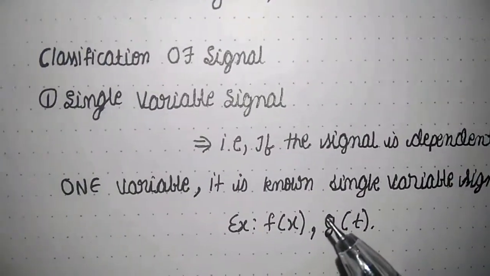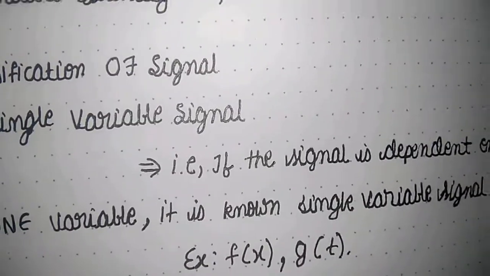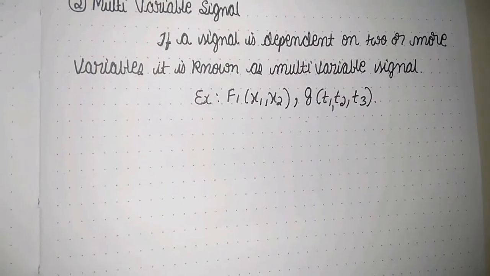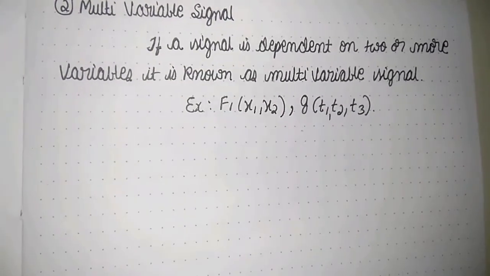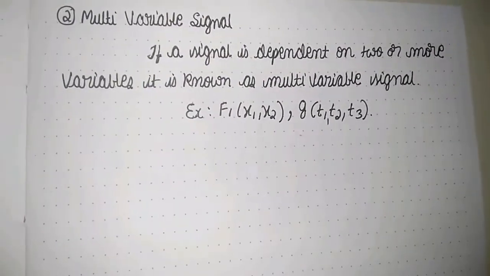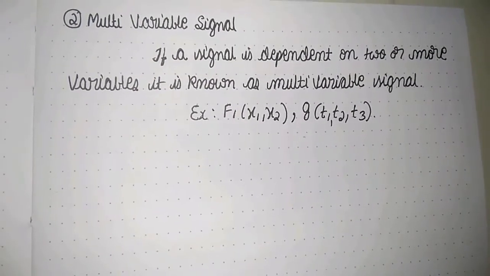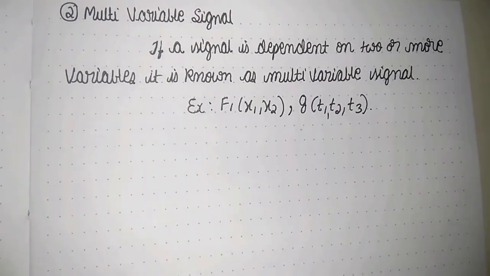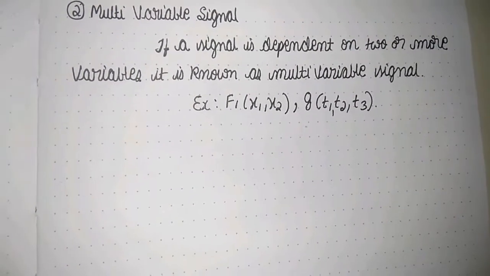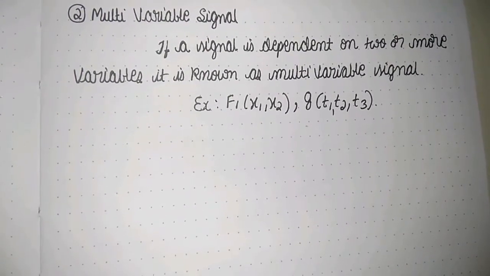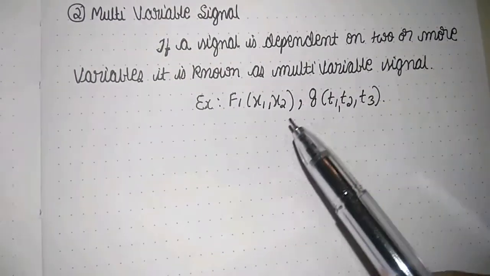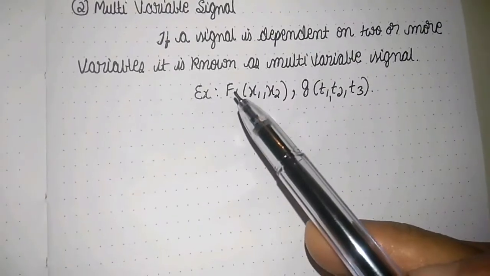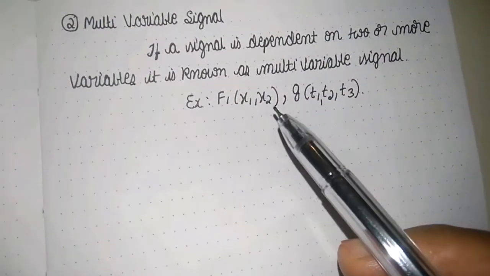The other classification of signal is the multivariable signal. If a signal is dependent on two or more variables, it is known as a multivariable signal. Examples for multivariable signals are f1 of x1, x2 and g of t1, t2, t3, where f1 is the signal which is dependent on both the variables x1 and x2.